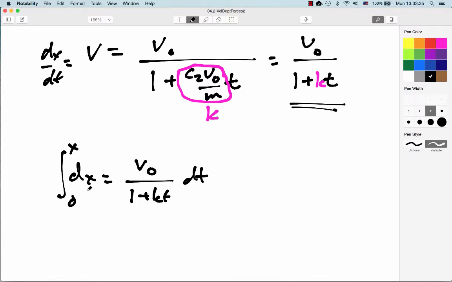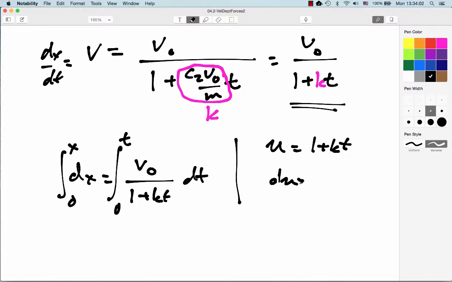Well, you can assume that we start at x equals 0, then integrate here from 0 to t. Again, you could just go ahead and stick this into a Mathematica or something like that. But again, let's just refresh our memory of doing u substitutions. So we can let u equal 1 plus kt. So du equals k dt. So that means dt is equal to du over k. And we put that in there.